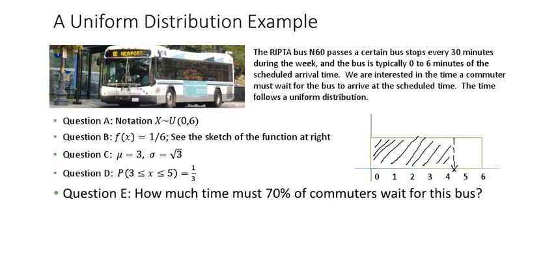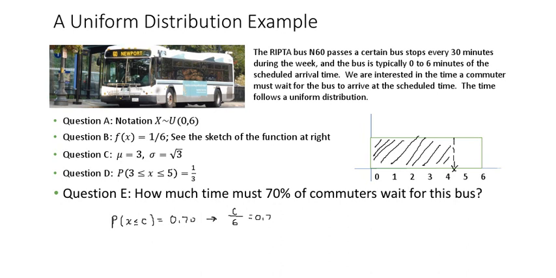Well, again, using our probability distribution function, what we're trying to find is some value C such that when we take the value of all the times less than that, we get 0.7. Well, what is that? In this case, that means C minus 0 over 6 must equal 0.7.